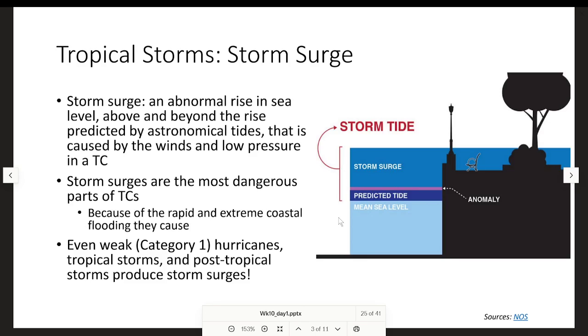So storm surge is an abnormal rise in sea level above and beyond the rise predicted by astronomical tides. That's caused by the winds and the low pressure in a tropical cyclone. Normally the tides are pulled inwards and outwards by the moon, and it's very predictable.